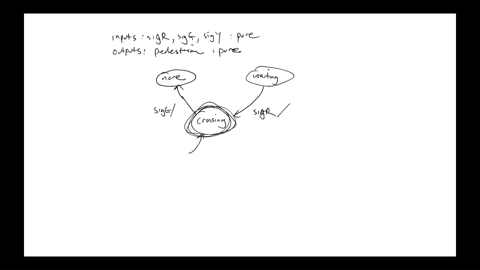So what happens between here and here? This state here is going to indicate that something has triggered, a pedestrian has arrived, basically. There's an external mechanism that's doing that. That's not part of our inputs and outputs here. It's like an environmental condition.